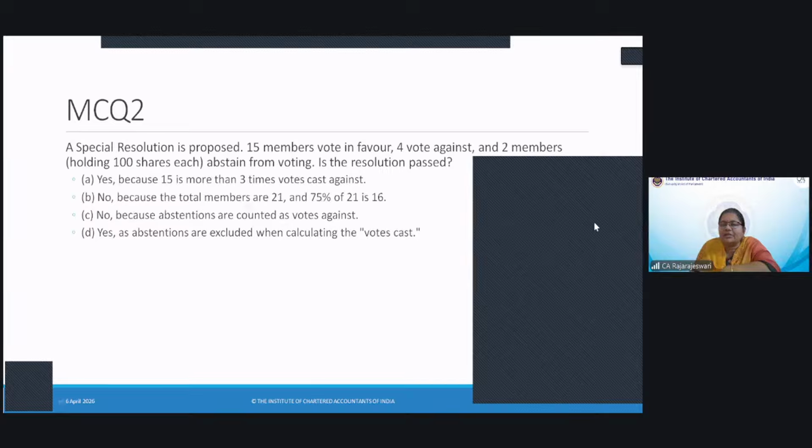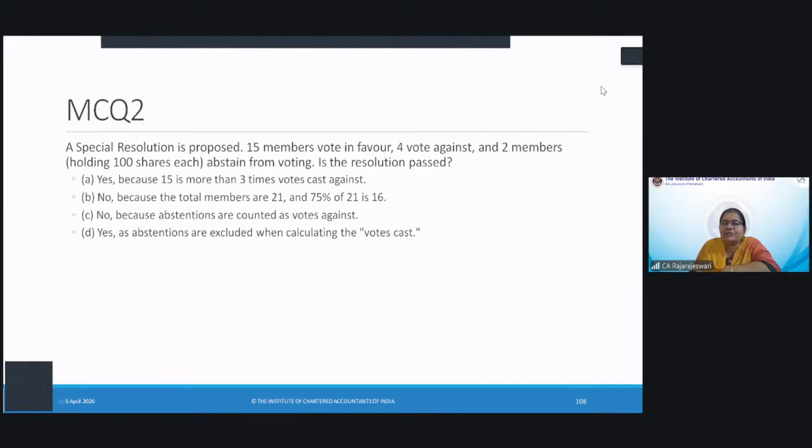So what is the rule? See, for any special resolution, the votes cast in favor should be 3 times the votes cast against. See, when do you call it a special resolution?